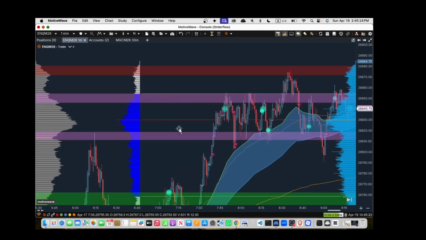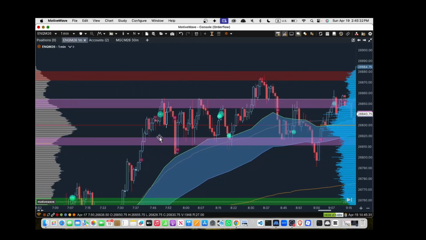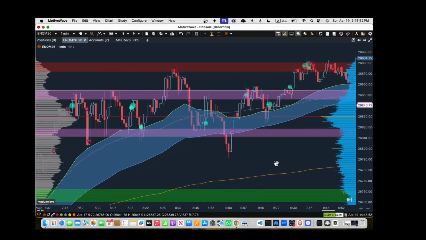These two purples are shelves, but this one is also an LVN. You could have marked those after a couple of rotations happened, which is what I did. Once we had a couple of rotations, I just marked these, and they worked pretty good throughout the session.